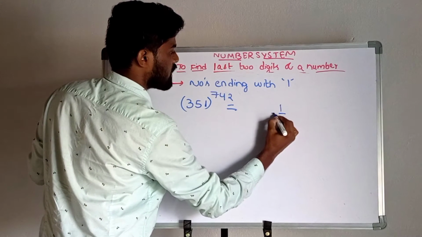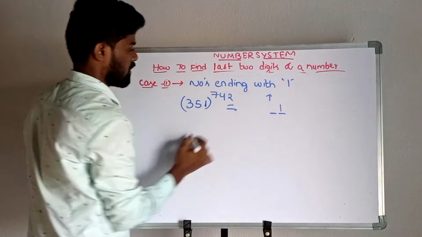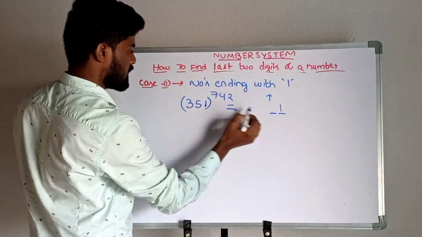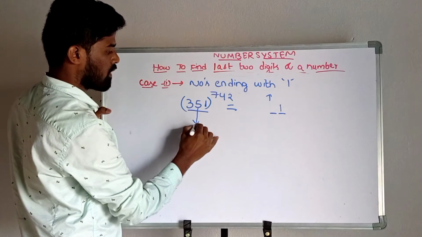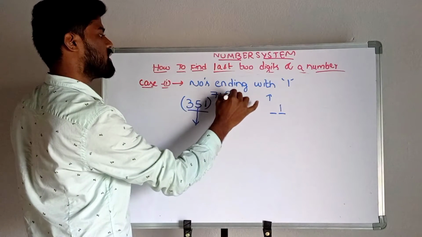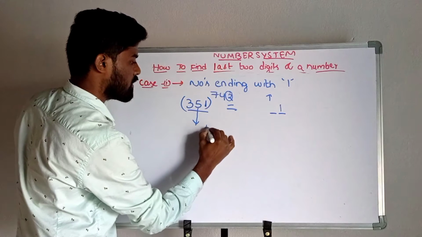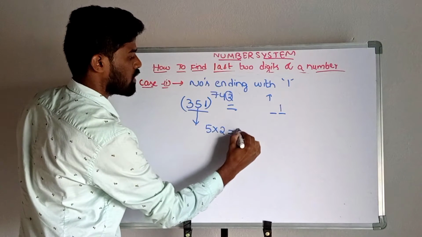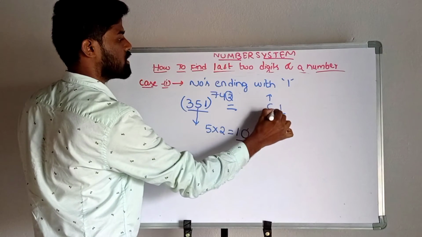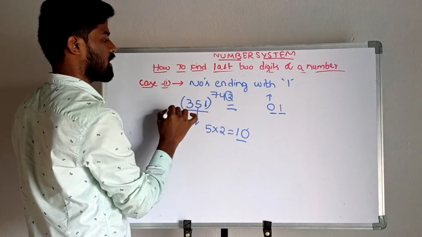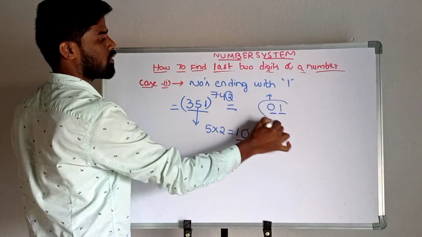Now we have to find the tens digit. For finding the tens digit, we multiply the tens digit of this number with the units digit of the exponent, that is 5 into 2. It will become 10. Write the last digit of this product here, 0. That means the last two digits of this number will be 0, 1.